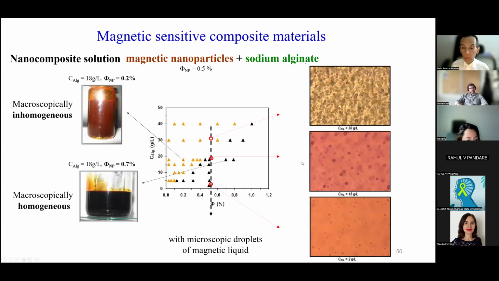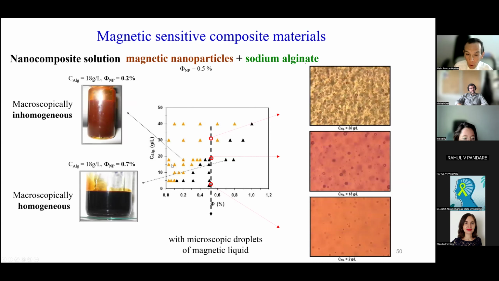So here we have first established a phase diagram. You have here the concentration of polymer as a function of volume fraction of magnetic nanoparticles. So for all black points, you obtain a macroscopically homogeneous solution.